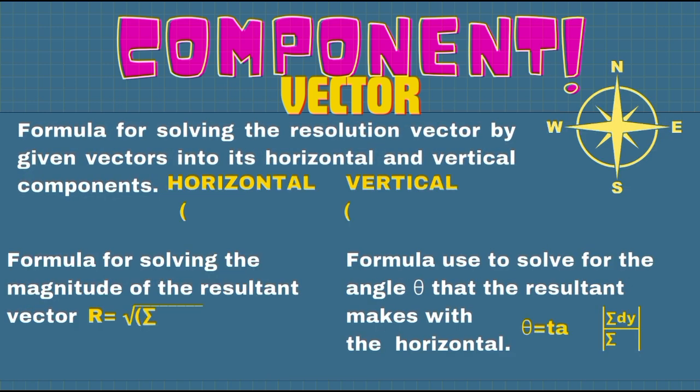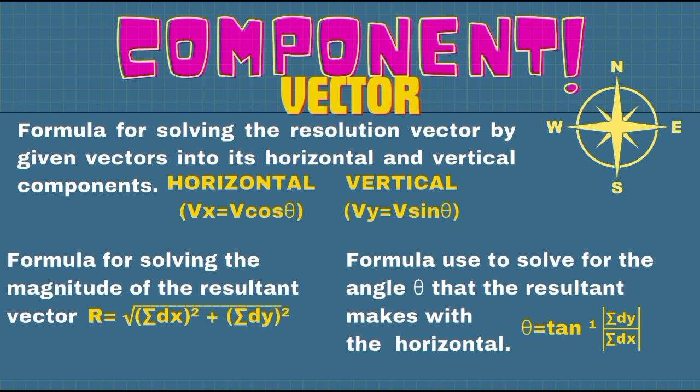So, in getting the component vector, you must first use the formula for resolving the given vectors into their horizontal and vertical components, where Vx is equal to V cos theta for horizontal, and for vertical, Vy is equal to V sin theta.